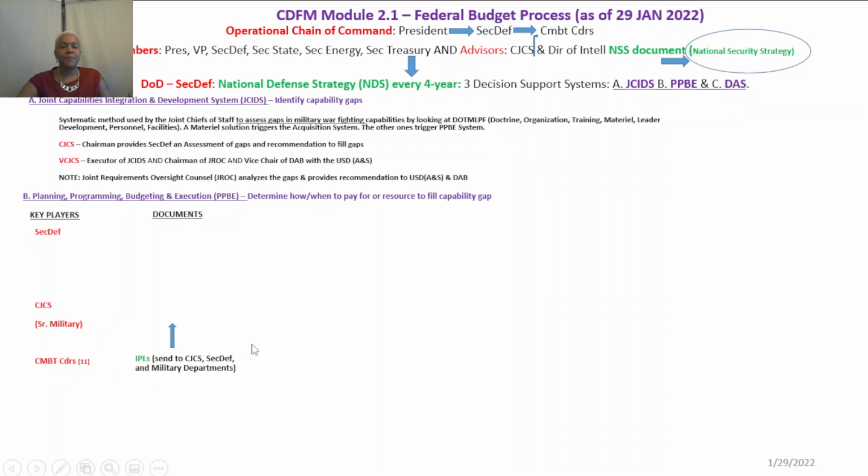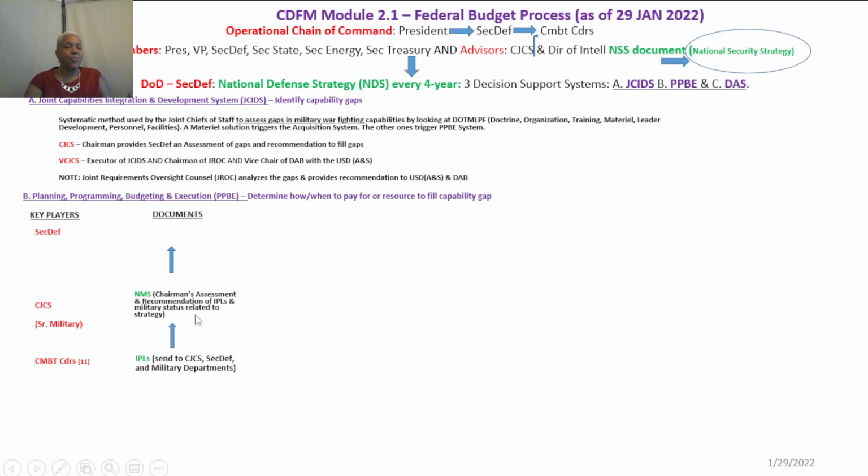So the IPLs go up to the chairman of the Joint Chief of Staff. The chairman then gives his assessment. Again, it has to go through the senior military uniform guy before it gets to the SecDef. He's got to translate it to make sense to our civilian leaders. So the chairman of the Joint Chief of Staff publishes the National Military Strategy.